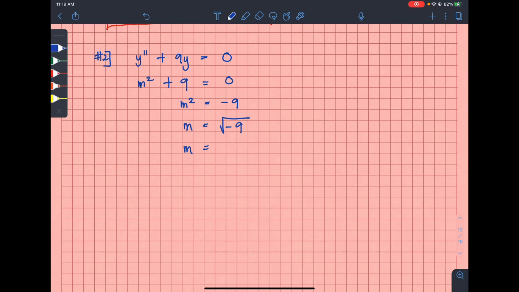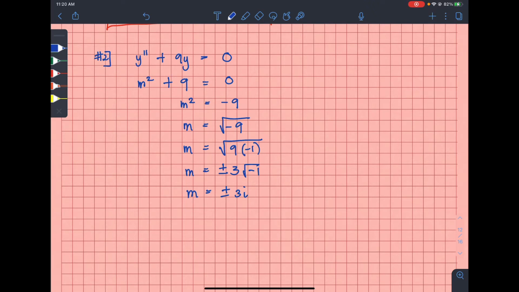That is the same as the square root of 9 multiplied with negative 1. The square root of 9 is positive and negative 3, then the square root of negative 1 is an imaginary number. So plus or minus 3i.